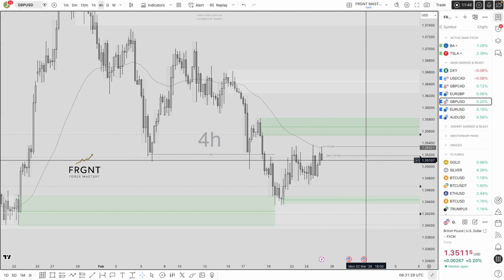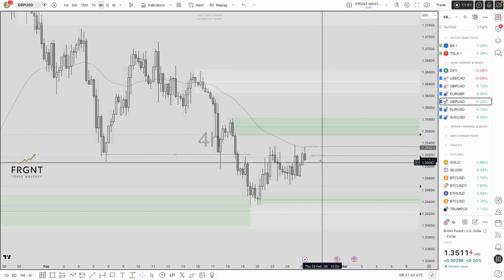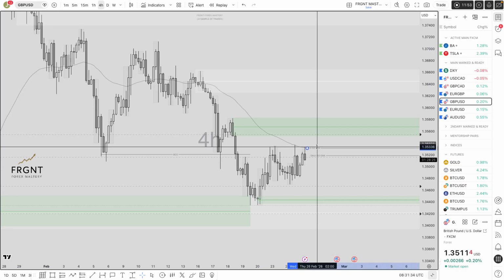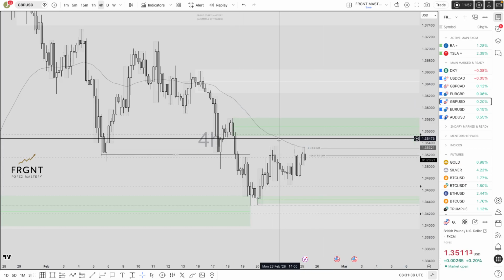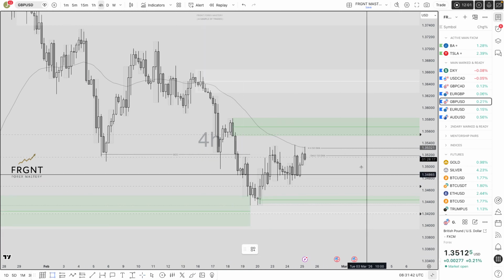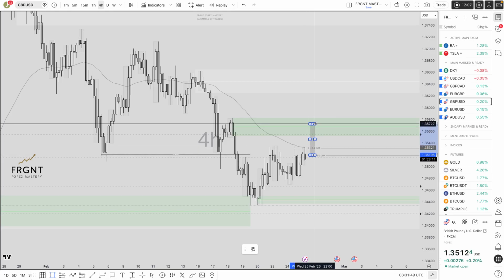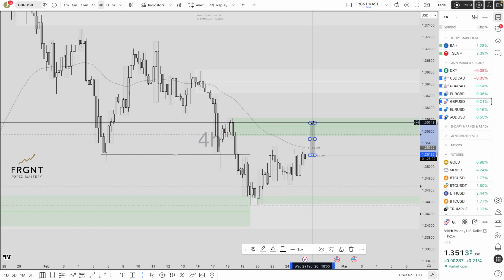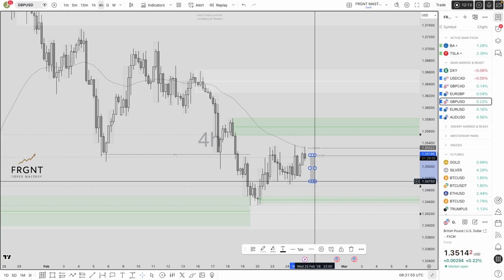It also aligns quite nicely with the 4 hour 50 MA, which we're already seeing on that 4 hour time frame. We are getting rejection because the 4 hour 50 MA is being respected. In an ideal scenario, let's say the next 4 hour candle, once this candle closes bearish below the 4 hour 50 MA, perhaps we can get a pop up into that area with the mindset still that we would still be looking to reject that 4 hour 50 MA to the downside.